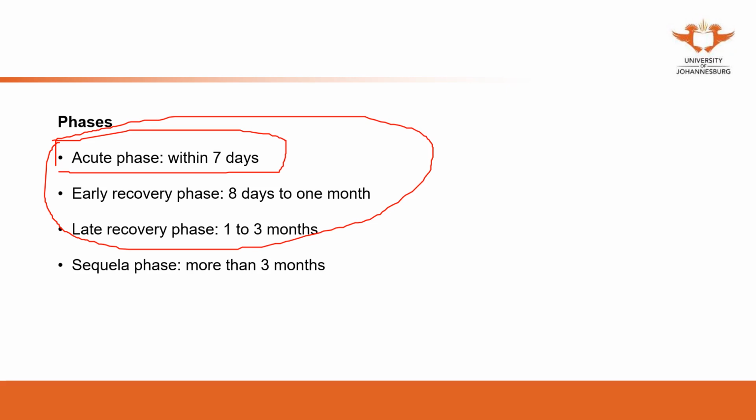If you want to be safer, within 7 days with your treatments, you can focus on the distal points, not the local points. If you choose the local points, don't manipulate too much. You leave the needle there for half an hour, that's all. From the early recovery phase, though, you can start the manipulation.